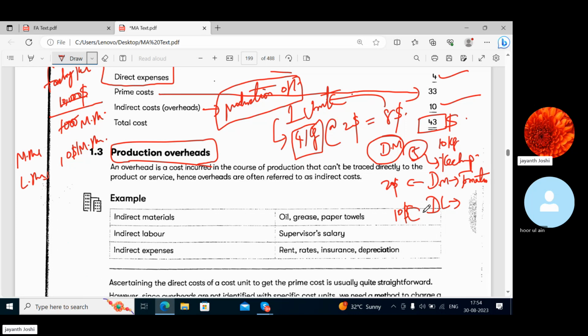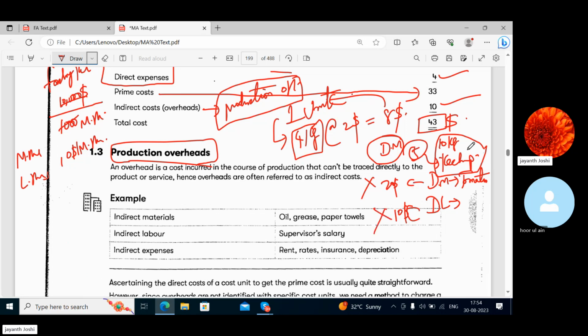Why are these directly traceable costs? Because if I would not have made this ketchup, I would never have bought this raw material of tomato, and I would never have hired these labors, because I hired the labors for the purpose of making that ketchup.